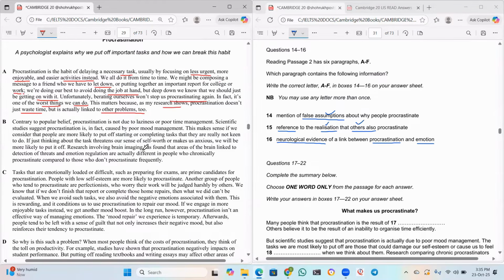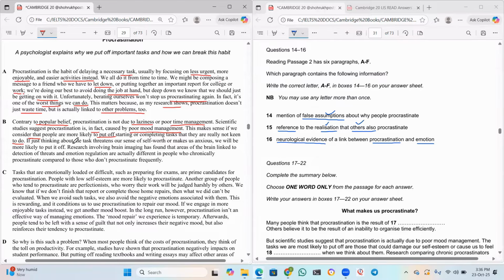Okay. Next. Contrary to popular belief, procrastination is not due to laziness or poor time management. Scientific studies suggest procrastination is in fact caused by poor mood management. This makes sense if we consider that people are more likely to put off starting or completing tasks that they are really not keen to do.